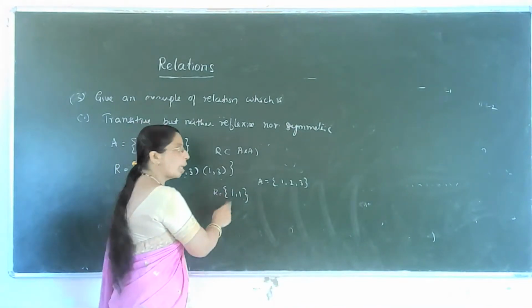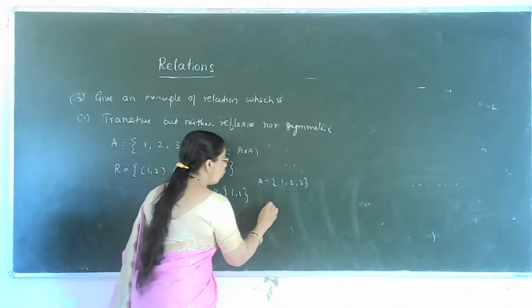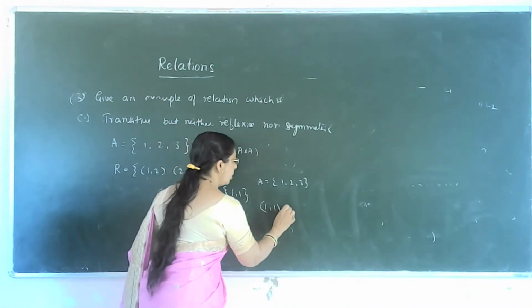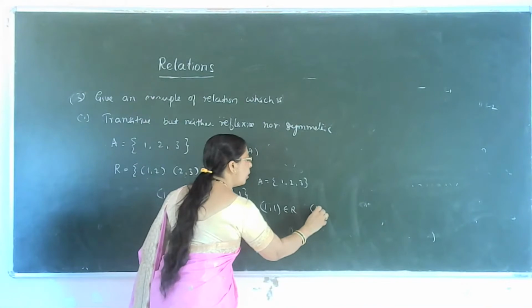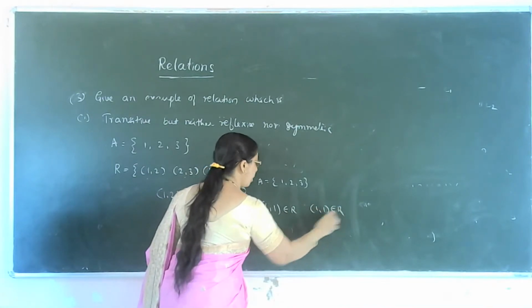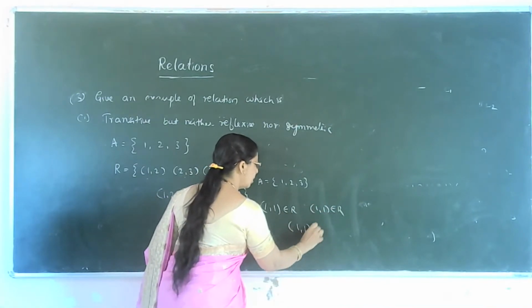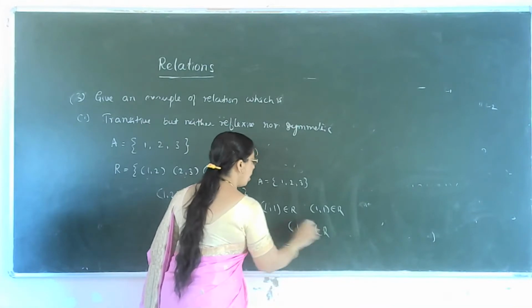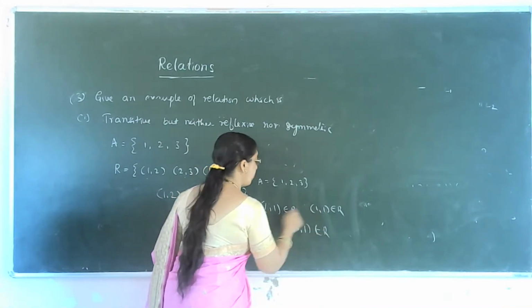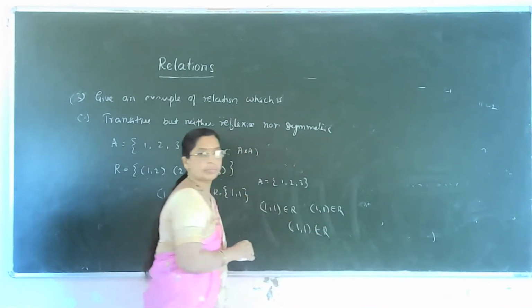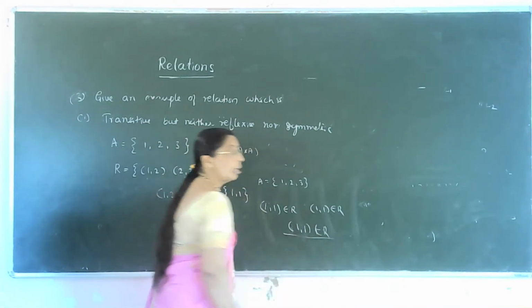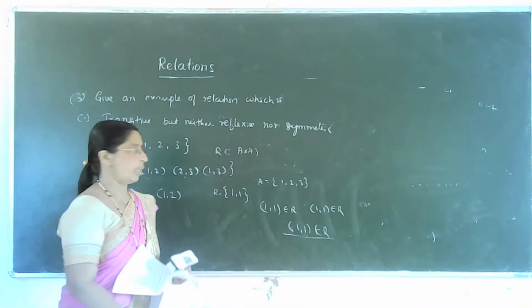It's transitive also, because (1, 1) belongs to R and again (1, 1) belongs to R, and the next term also starts from 1 and 1. Therefore, it's also a transitive relation.